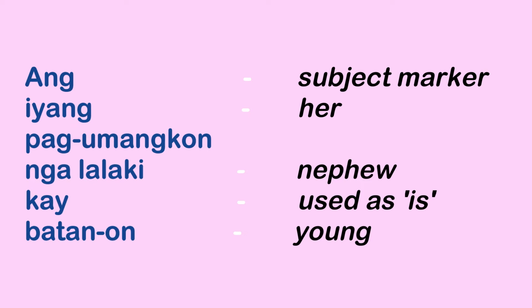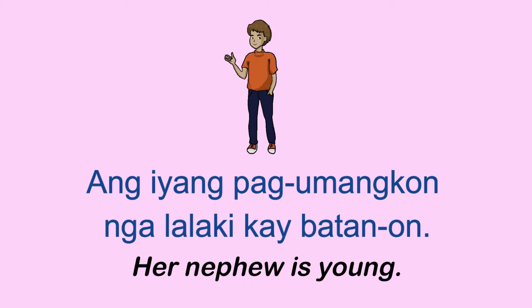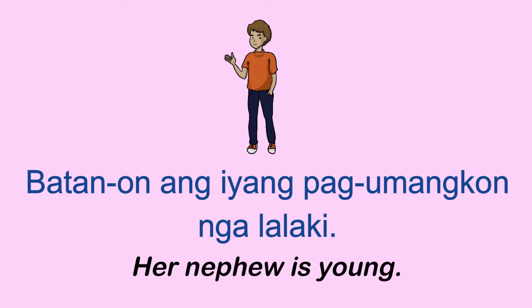Kay again is used as "is" in this phrase. Batan-on means young. Her nephew is young. The other way of saying it is when we put the adjective first. Batan-on, ang iyang pag-umangkon nga lalaki.